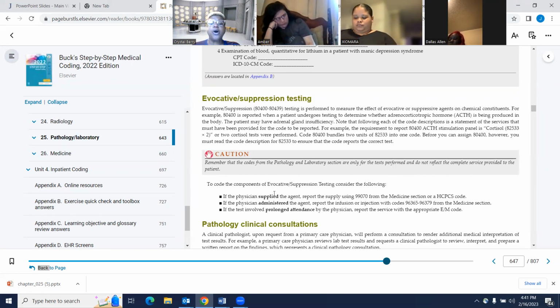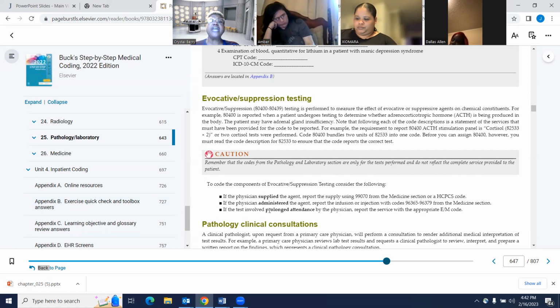To code the components of evocative suppression testing, consider the following. If the physician supplied the agent, report the supply using 99070 from the medicine section. See, this is a little tricky part. Or a HCPCS code.